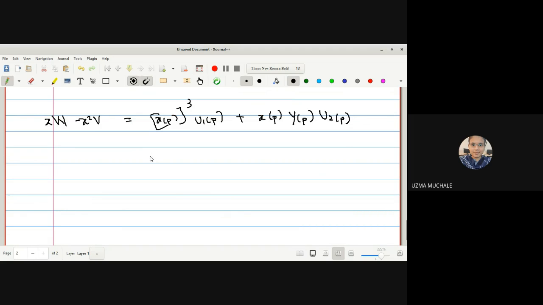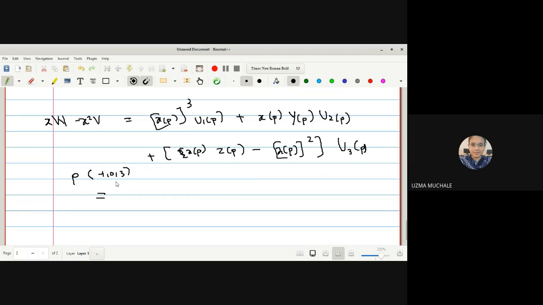Plus the next one we have obtained is x at a point P into z at a point P minus x at a point P squared, and this is the coefficient of u3 of P. Now what you have to do, you have to find the value at P, which is (-1, 0, 3).